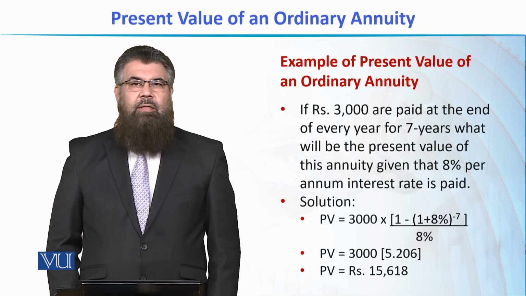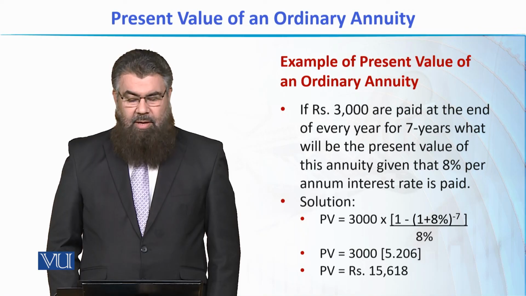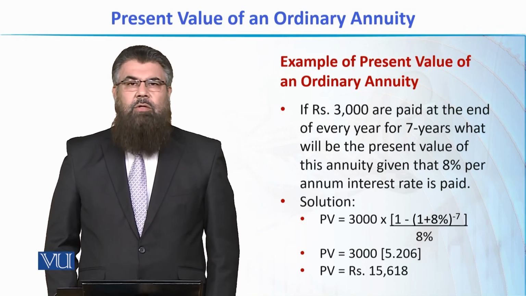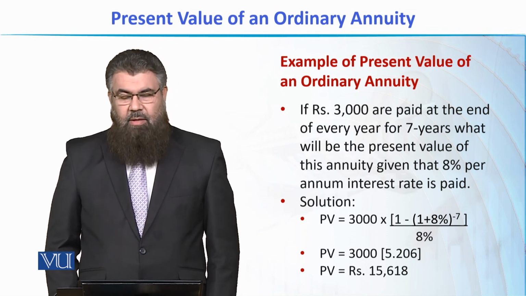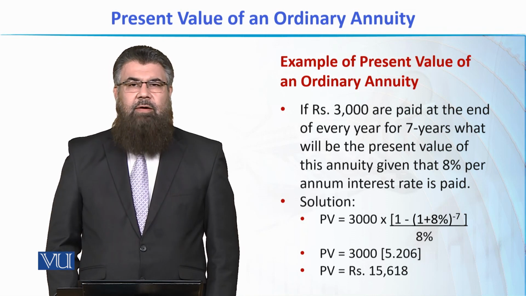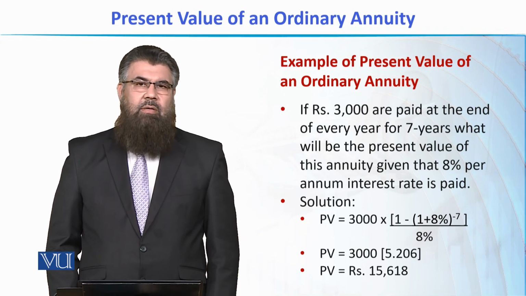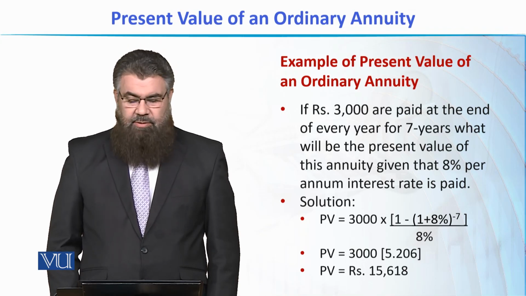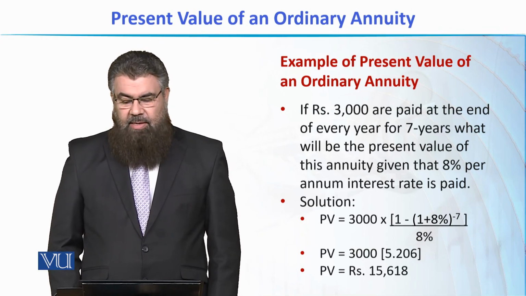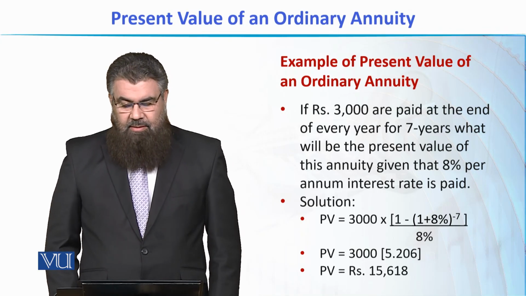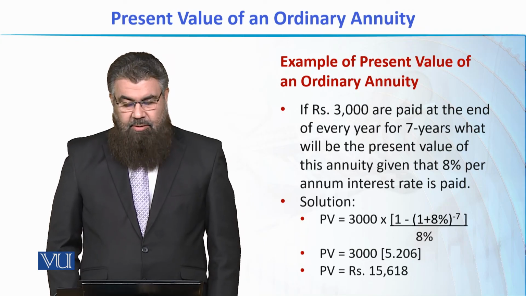Now, to calculate the present value, we need to know the amount of installment, that is 3,000. We also need to know how many installments there are, which is 7, and we also need the interest rate or discounting rate, which is 8%. So we have got all the ingredients, and when we apply the formula that we have just seen, this is how we get the present value.